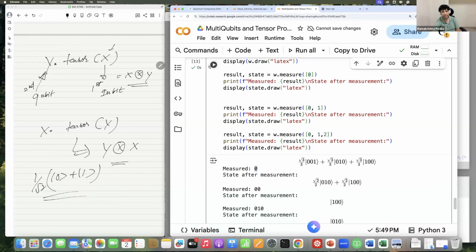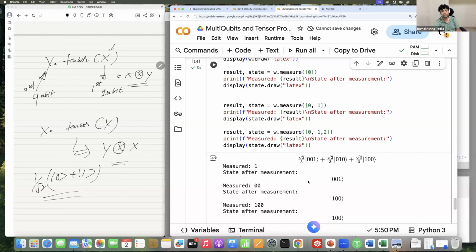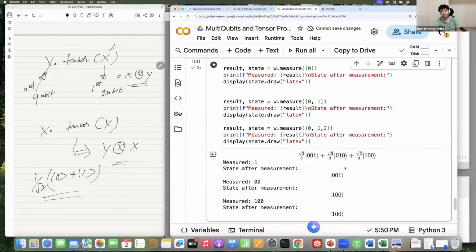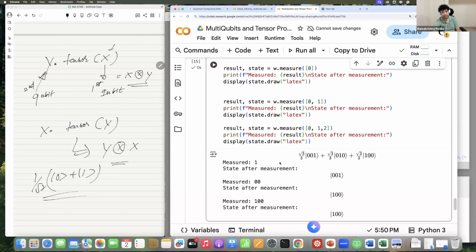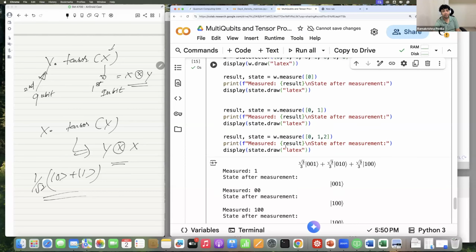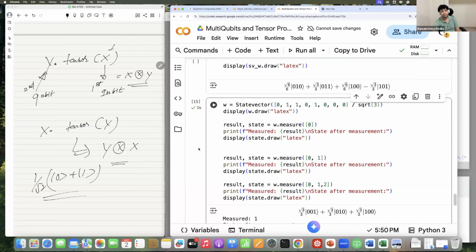I can run it again and then the state might change. If I measured 1, then I would get this state. I'm doing single shot measurements here, so I can measure only 1 qubit. Are you able to follow what I'm saying?